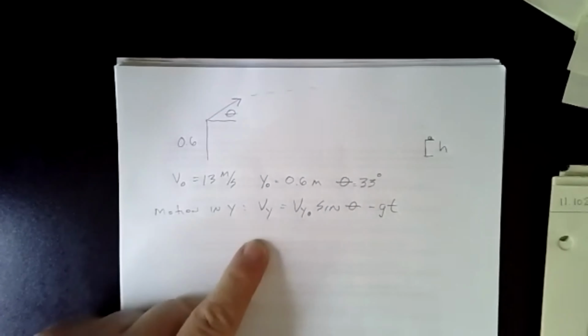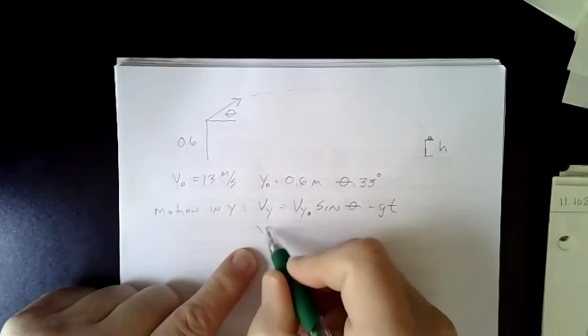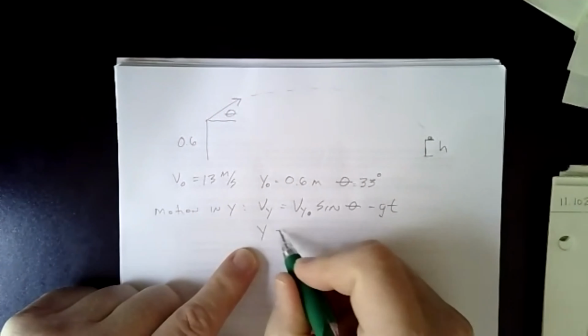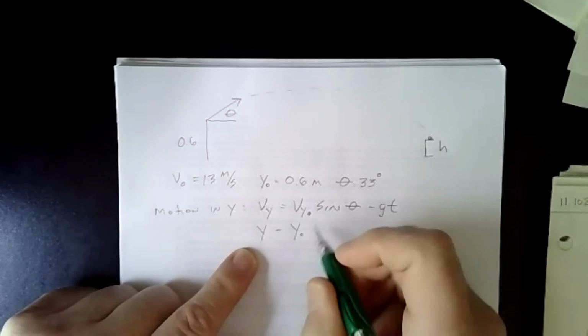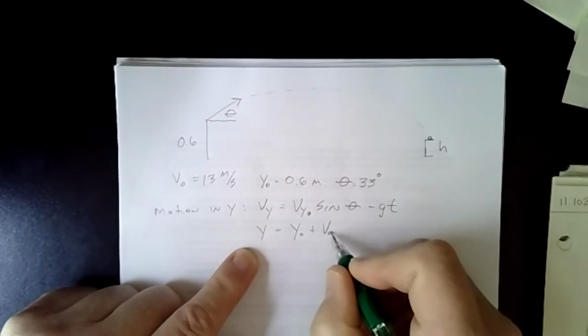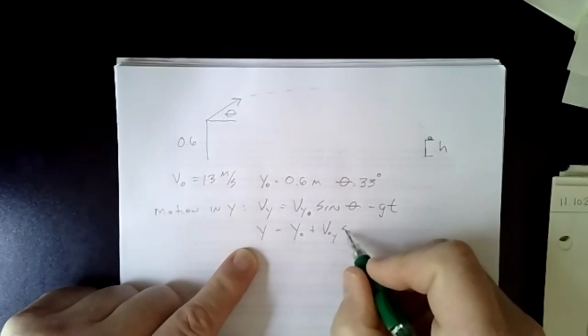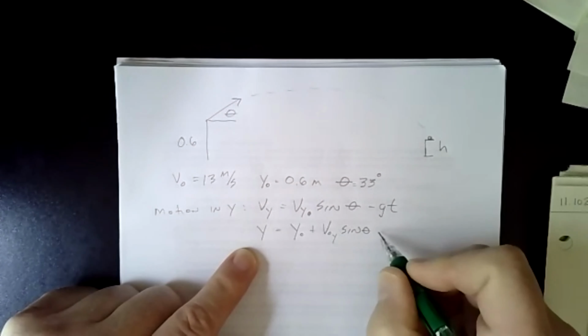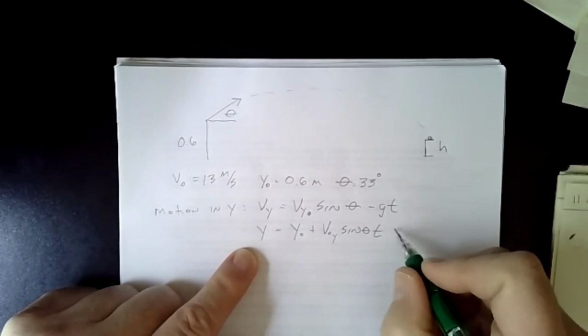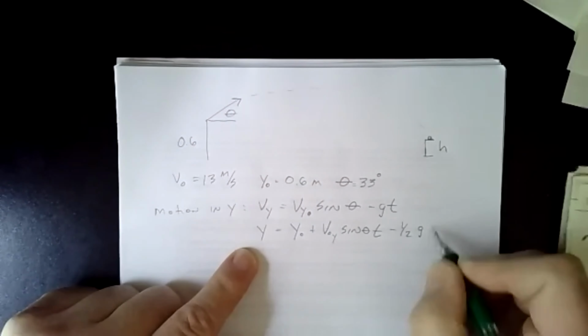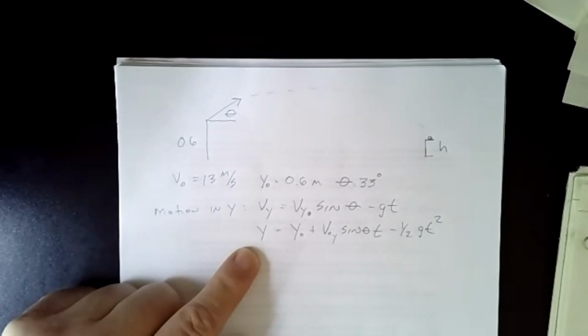Okay, so that's our velocity. And then we also have our equation y equals y naught plus v naught in the y, sine theta, times t, minus 1/2 gt squared.